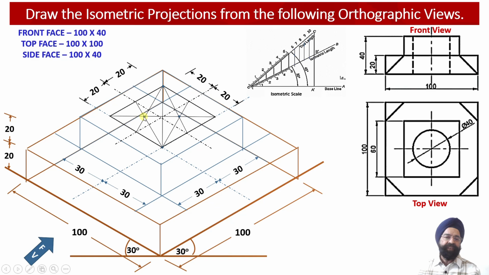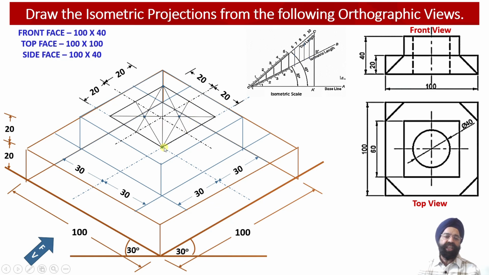So with this as our center point, or the needle point of the compass, we'll open the compass equal to this radius or this radius. Again, one more arc we are going to draw over here. And finally, this is our 4th center point. From the 4th center point, this will be our radius. So keeping the needle point of the compass here, we'll draw an arc in this orientation.